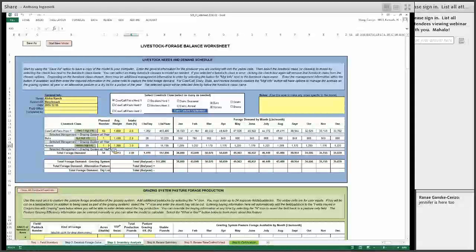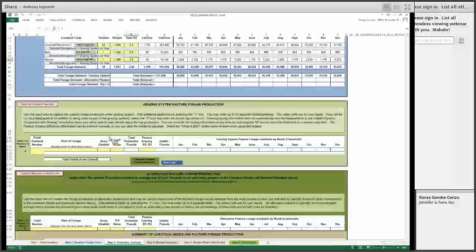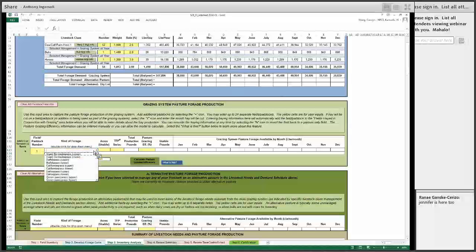All right, so now that we've entered our livestock information for our forage animal balance, we can scroll down to the next part of the worksheet, and we can enter our grazing system pasture forage production information. That's a mouthful. He just has one paddock right now, and we have to choose the type of forage. When you look at the list of options you have here, every type of forage has an upper and a lower.